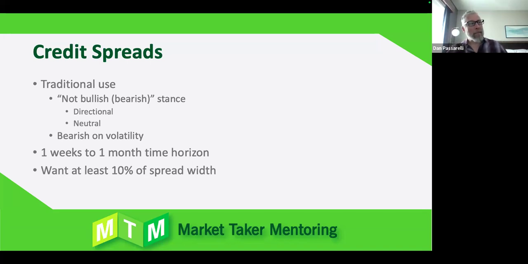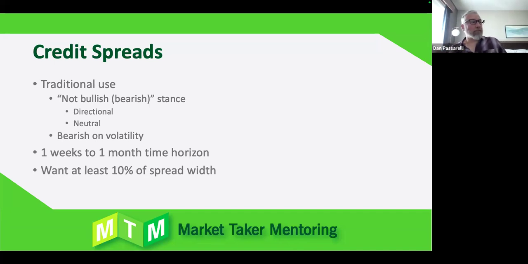And we want to get a credit that is at least 10% of the spread width. So we take the distance between the two strikes. Maybe they're $5 apart. Sell the 60 calls, buy the 65 calls, $5 apart. Oh my goodness.